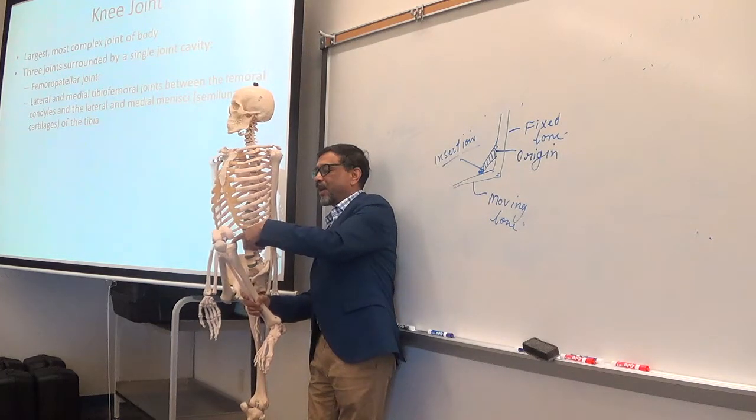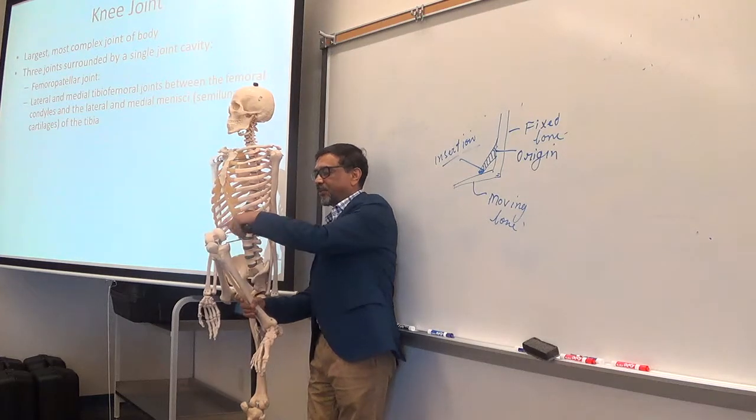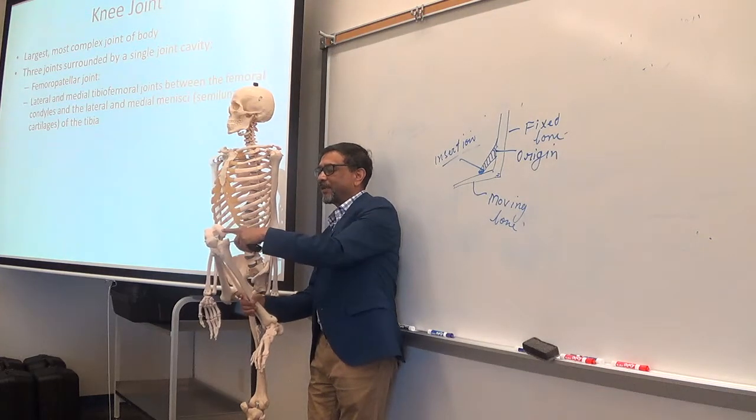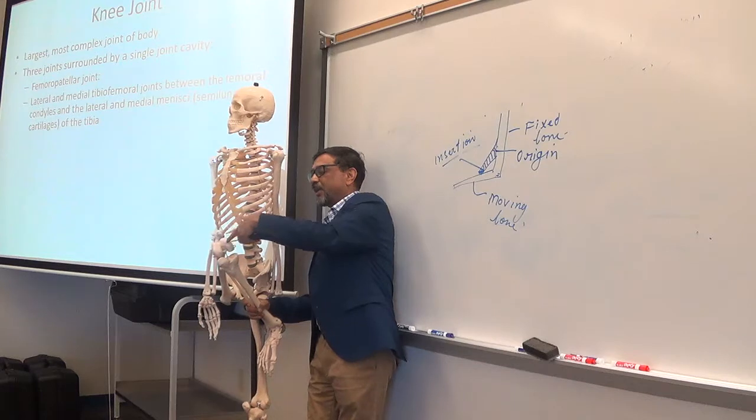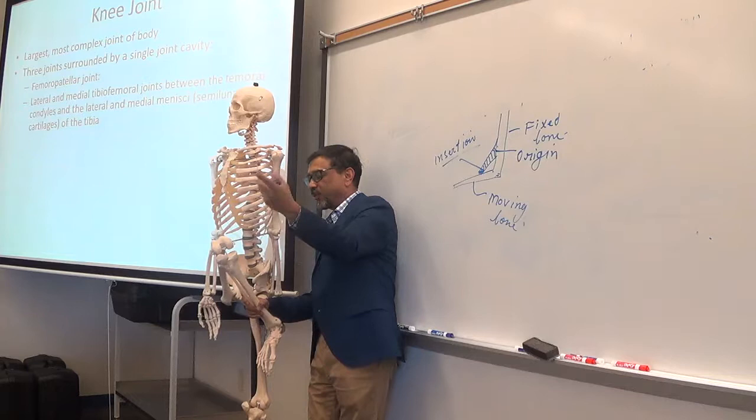You know, these are called the condyles. So, tibia and femur. Femur above and tibia below. These 2 condyles form 2 separate joints here on the tibia. Lateral and medial tibio-femoral joints, named by the bones.